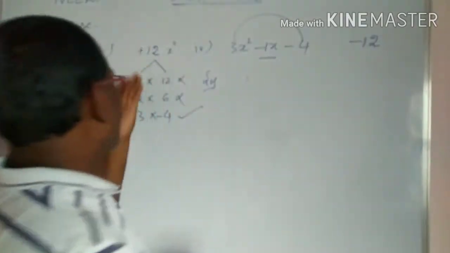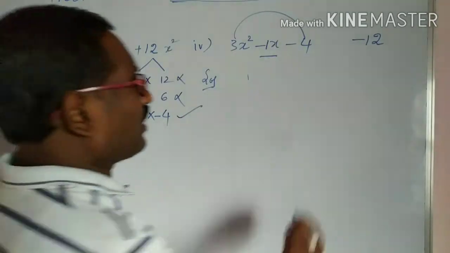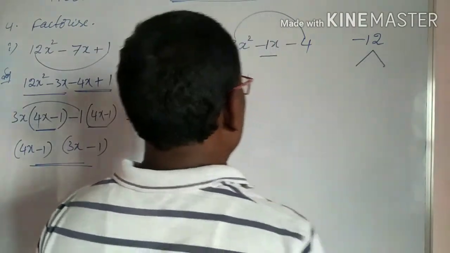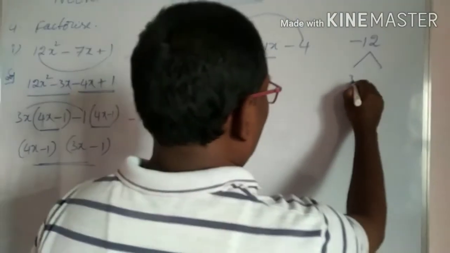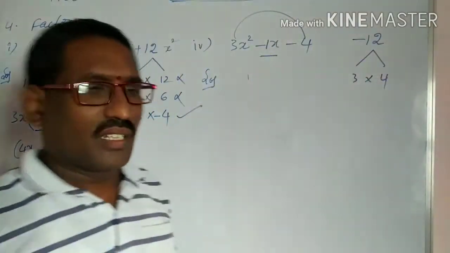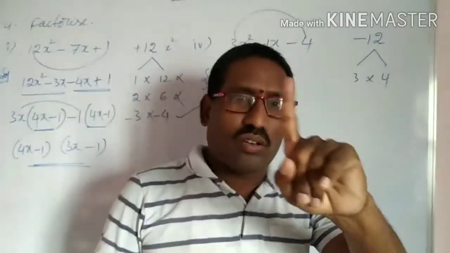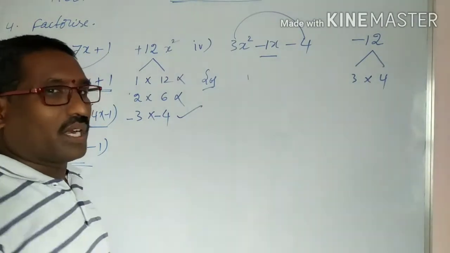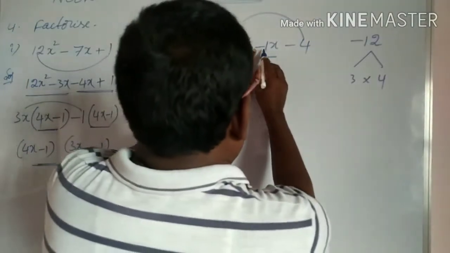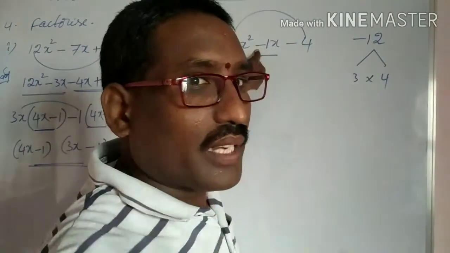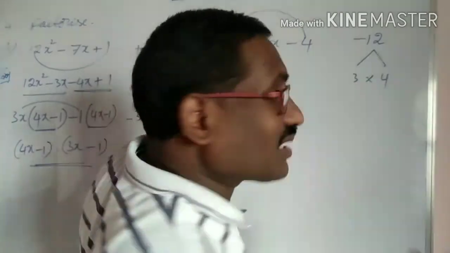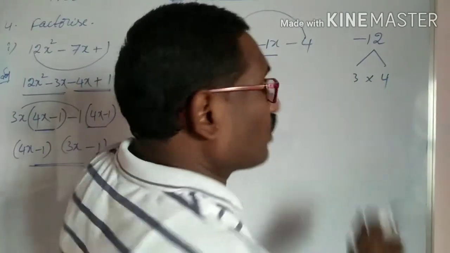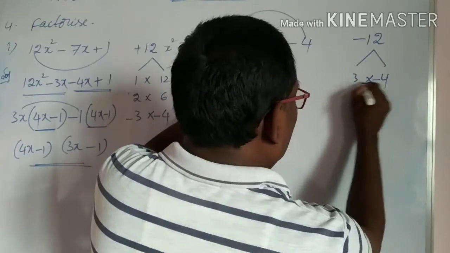I think you can already solve it with these factors. 3 4s are 12, difference: 4 minus 3, 1 only, no? Yes. But the symbol is the most important here. Middle term, what is the symbol? Minus. In these two factors, which is the bigger factor? 4. So write the 4 with minus. This one is the plus.